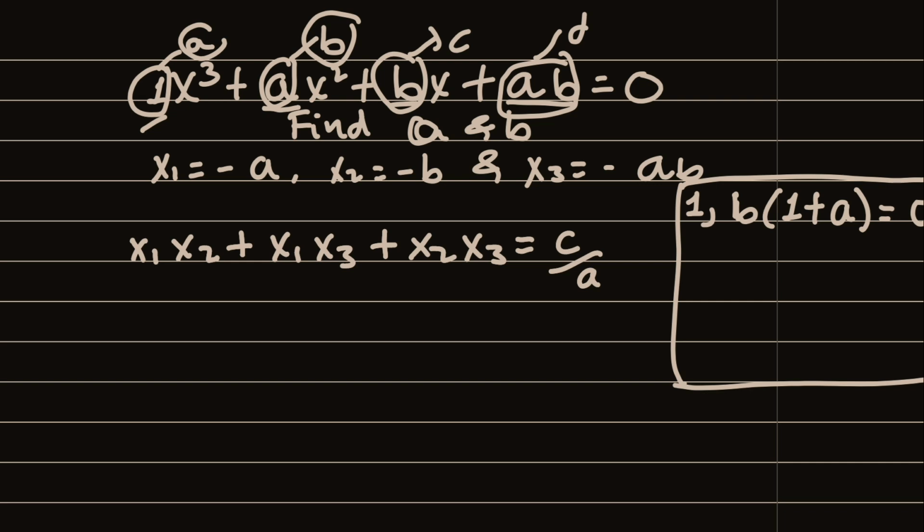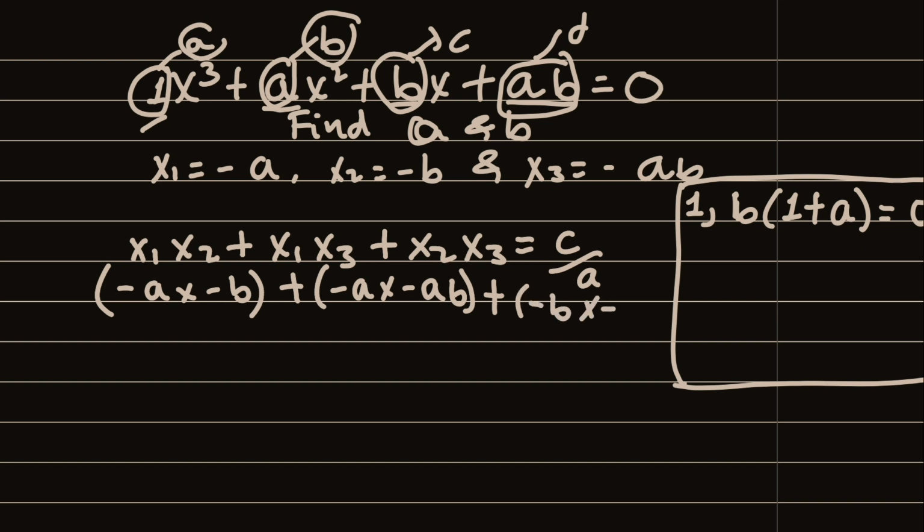Okay, x1 means minus a times x2 means minus b, plus x1 means minus a times x3 means minus ab, plus x2 means minus b times x3 means minus ab, equals what? C over A.